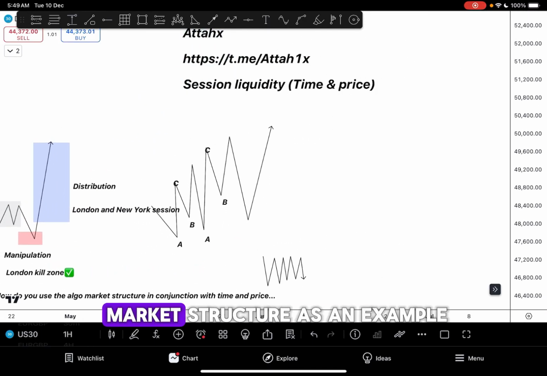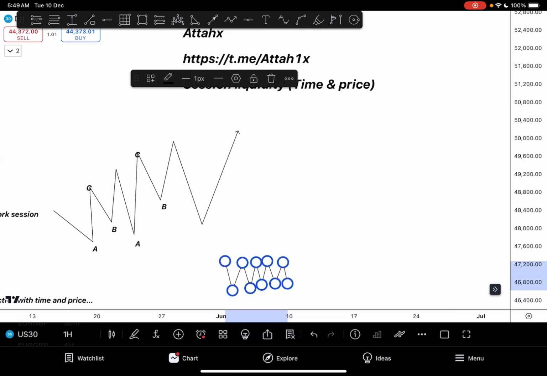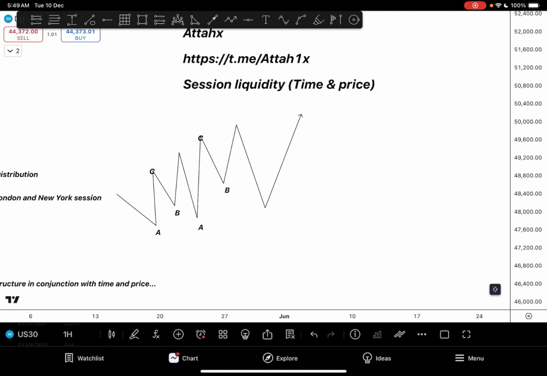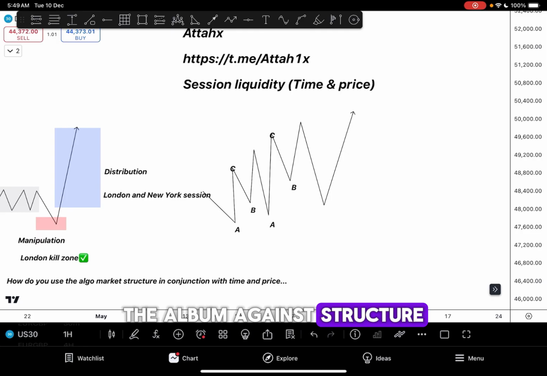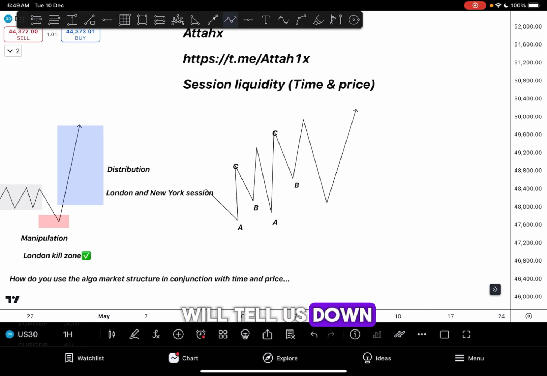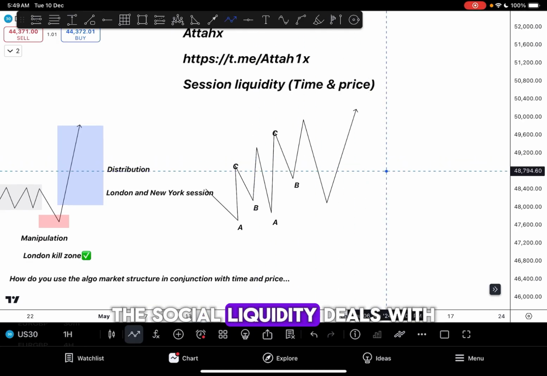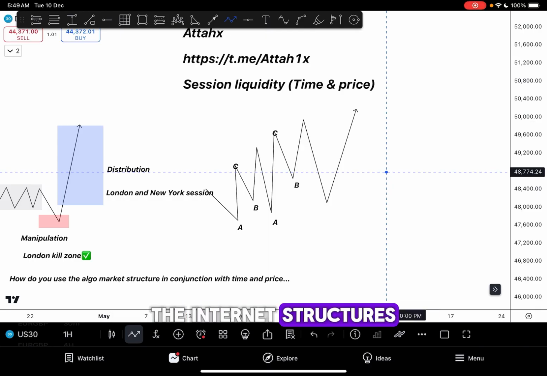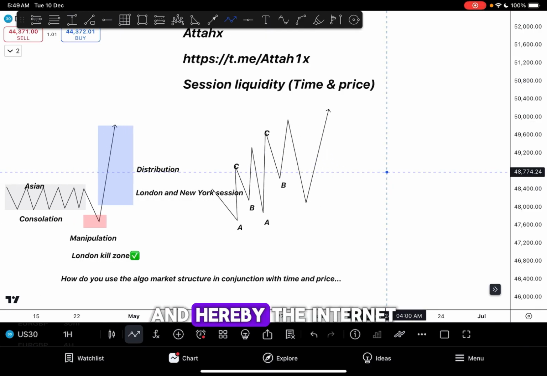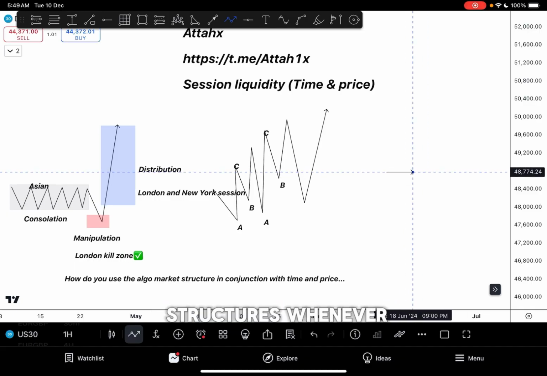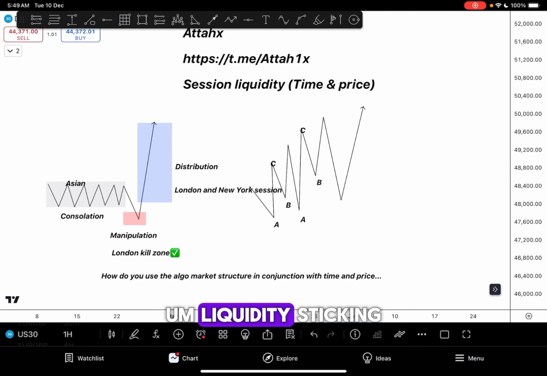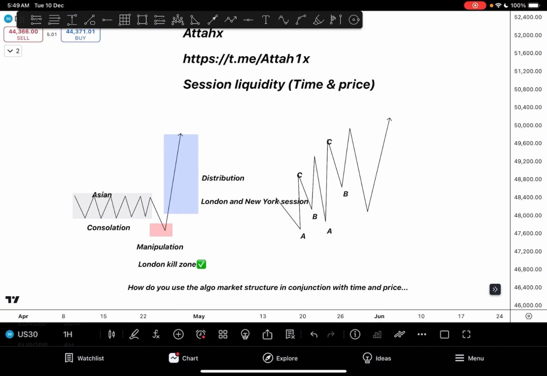The algo market structure will tell us that the session liquidity deals with the internal structures, and here in the internal structures, whenever a liquidity is taken, and you can see these are your liquidity.